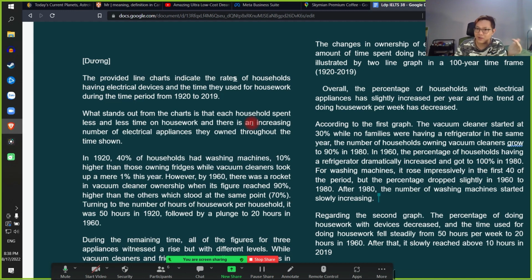Nếu em ghi là nhờ vào là quan hệ nhân quả, nhờ vào là nó là lý do duy nhất, nó không đúng. If you say thanks to something, it's the only reason. So A leads to B. That is not true. That's not correct. So and there is an increasing number of throughout the time shown.